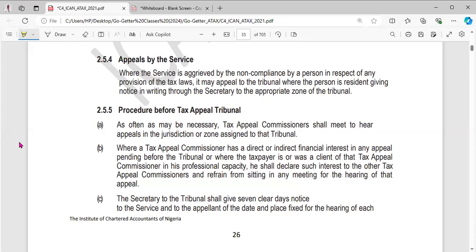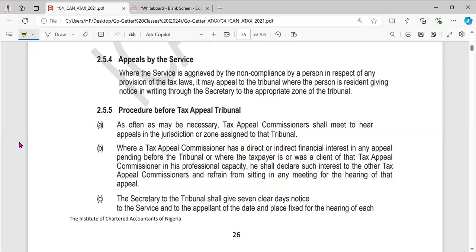Two, where a tax appeal commissioner has a direct or indirect financial interest in any appeal, or where the taxpayer was a client of that tax appeal commissioner in his professional capacity, he shall declare such interest to the other tax appeal commissioners and refrain from sitting.